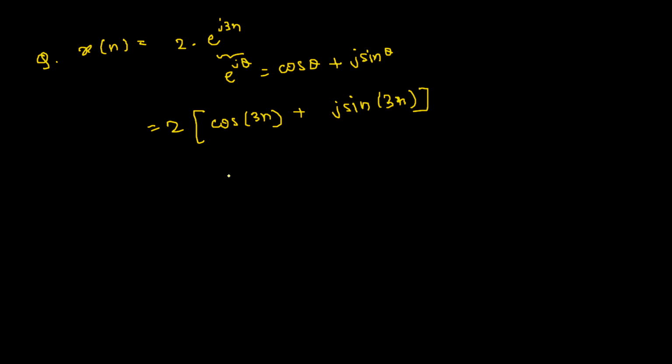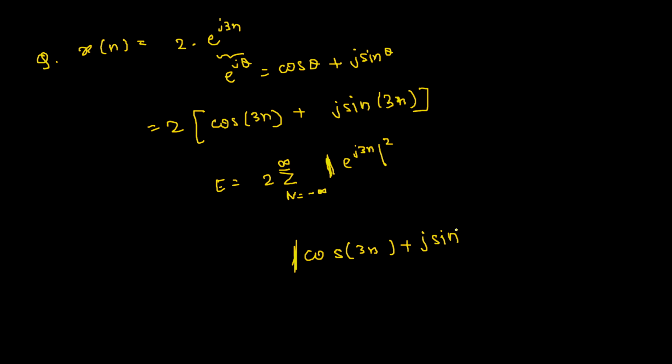Now when we're talking about energy, what we actually do is 2 into summation of n is equal to minus infinity to infinity magnitude of e to the power j3n square. What we are doing is performing a magnitude operation on cos of 3n plus j sine of 3n.